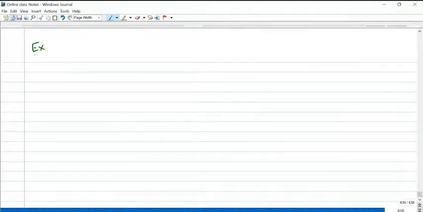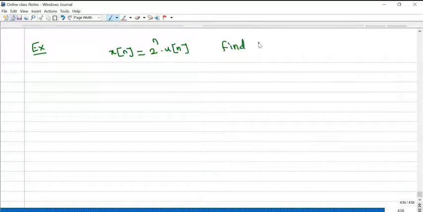So I told the condition for existence of DTFT. Suppose x of n equals 2 power n u of n. Find DTFT.